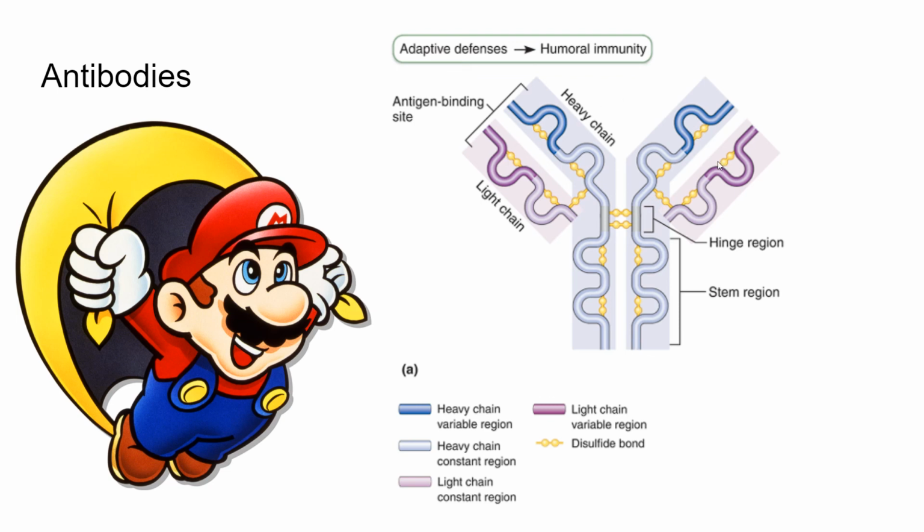This outside region is known as the variable region of the antibody, which is what gives the immune system its whole efficiency. Whereas this whole section is pretty much the same for every antibody, this variable region is going to be different depending on the exact pathogen that you are dealing with.